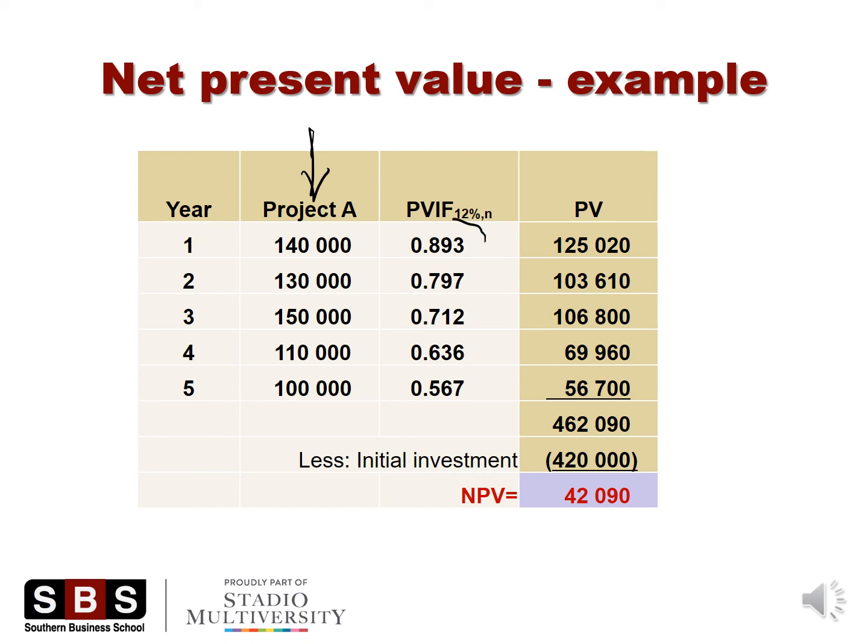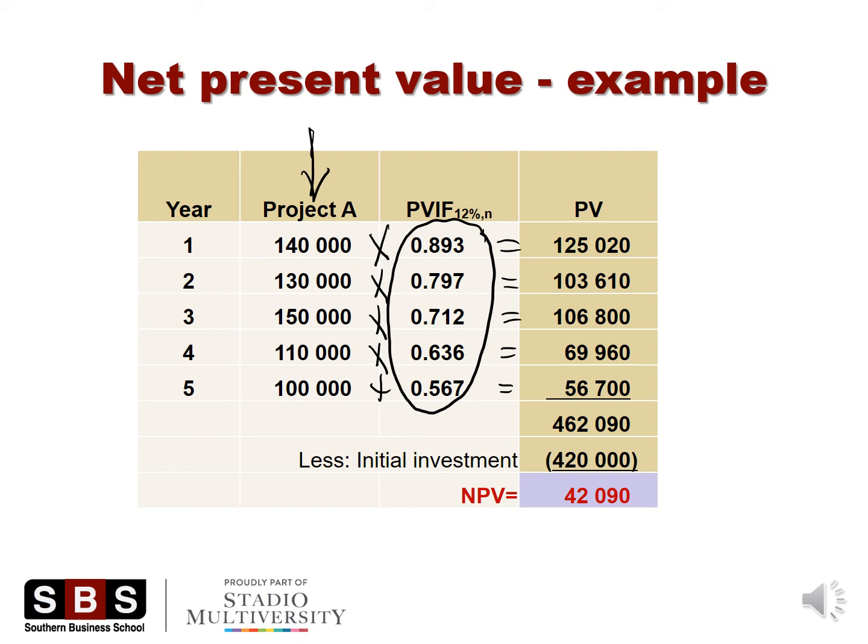These are the factors that we found in the interest factor tables. And all you now need to do to get the present values is to multiply each cash value by its factor. And you have the resultant present value.